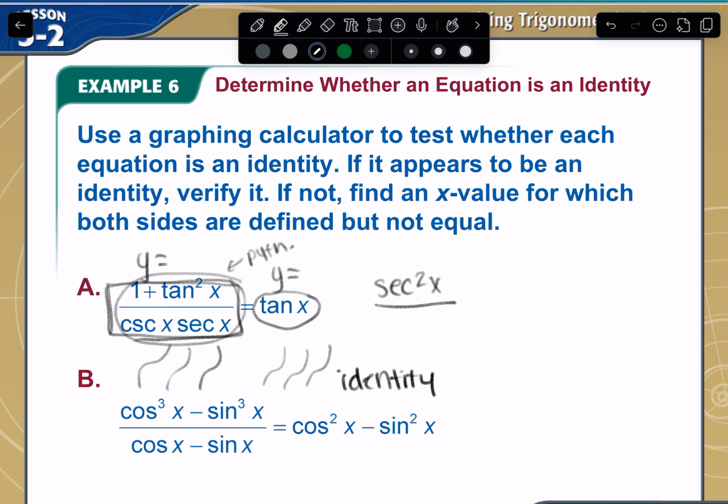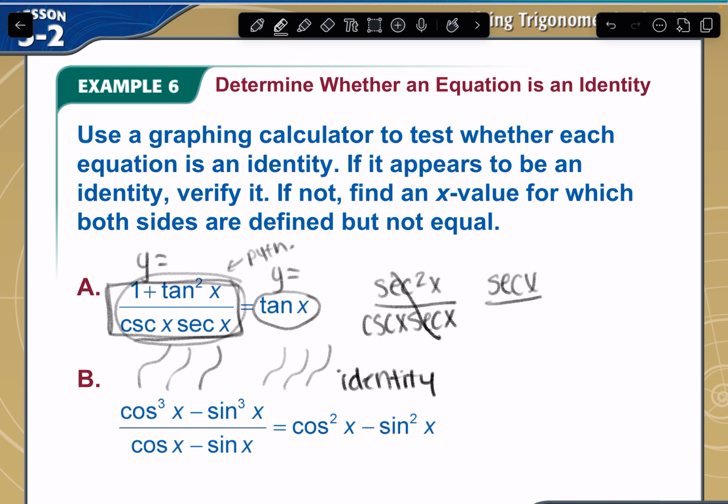Then looking at your denominator, I'm going to leave it like that for right this second, because I now have a secant squared x over a cosecant times a secant, which can simplify. So now I just have secant, not squared, just a secant x over a cosecant x.